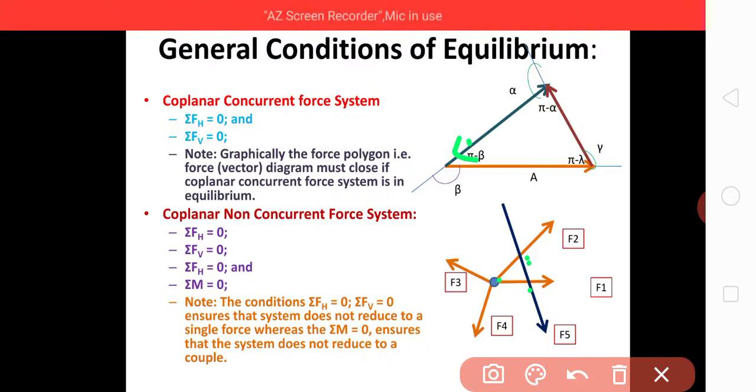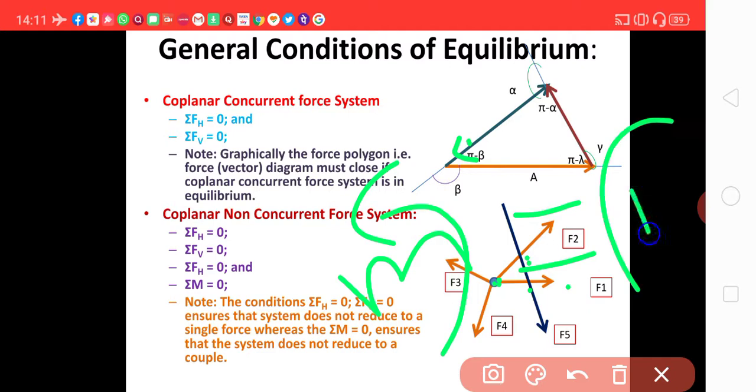Now, the conditions of static equilibrium here: if I choose this moment center, then the moment of these four forces F1, F2, F3, F4 will be 0 about this point, but there will be a moment of F5 about this center. Hence, for static equilibrium, the third condition is that summation M equal to 0, that is, counterclockwise moment should be equal to clockwise moment.